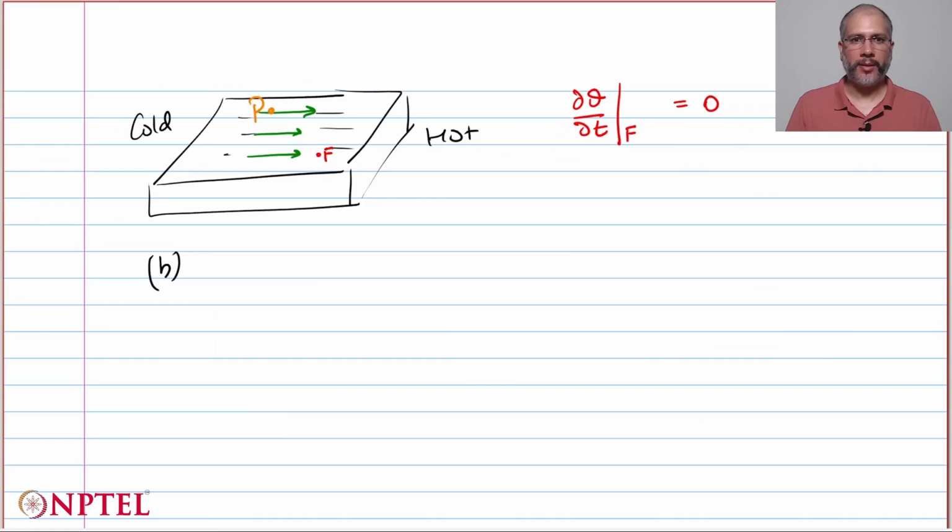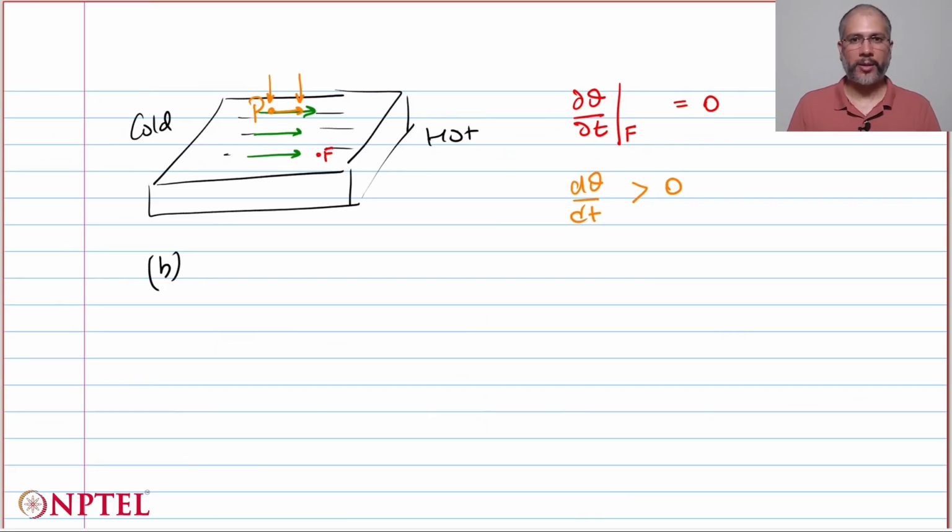So now if I talk about a particle P, it's a material particle, and we measure the material derivative of theta. That is, we sit on the particle P and measure the change in temperature. That will be a positive quantity this time, because at one instance I measured the temperature here where the particle was here. So I measured the temperature that was cold, but as the particle moved slightly, let's say, now it moved to a hot region, because remember there is a spatial gradient of temperature this time in the pool.